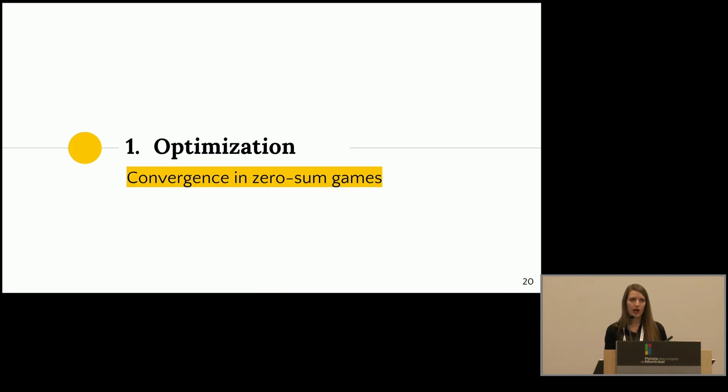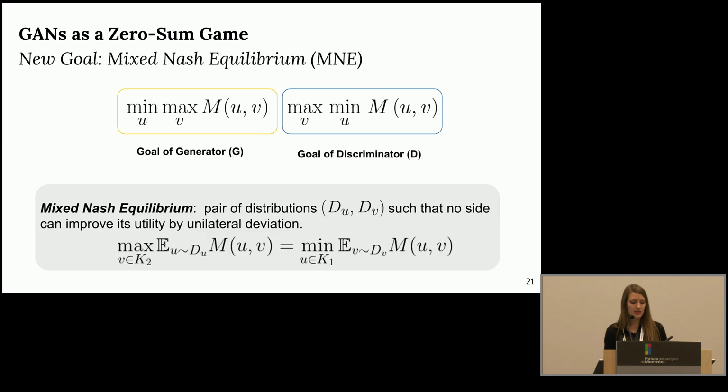So for our algorithm that optimizes GANs, the first thing we propose is to change the goal of the game. Instead of aiming for finding the pure equilibrium, we decide to go for the mixed Nash equilibrium. A mixed Nash equilibrium is defined by a pair of distributions such that both players, instead of choosing a single action, choose a distribution over actions.